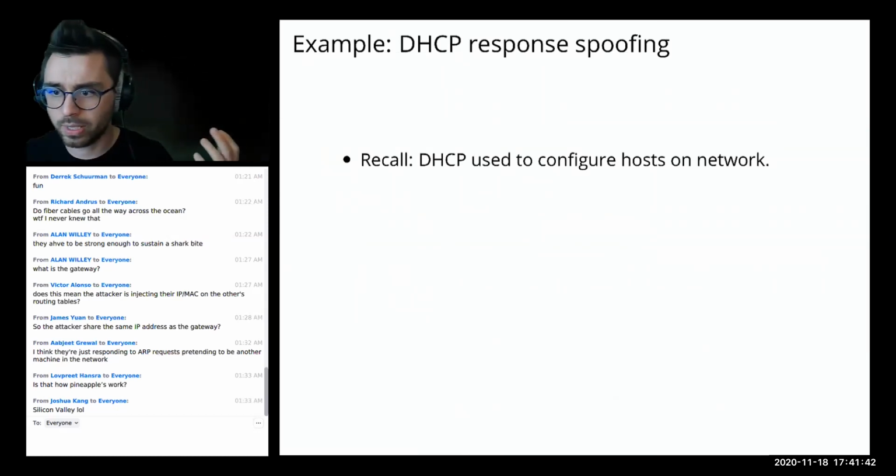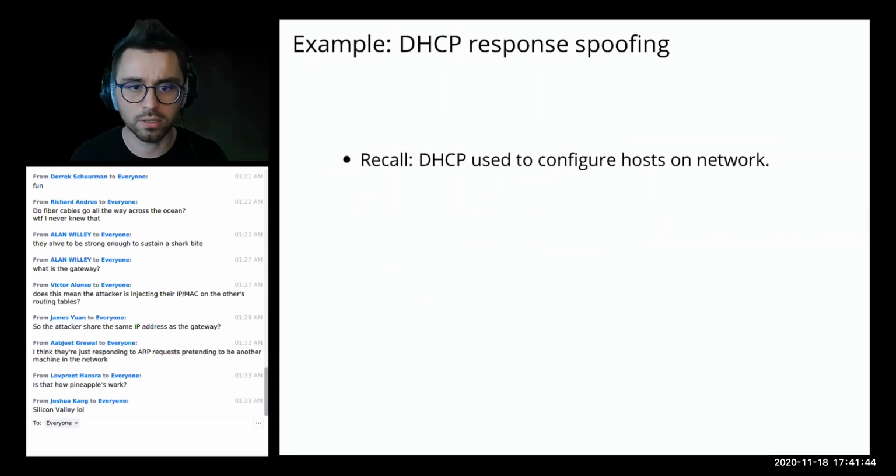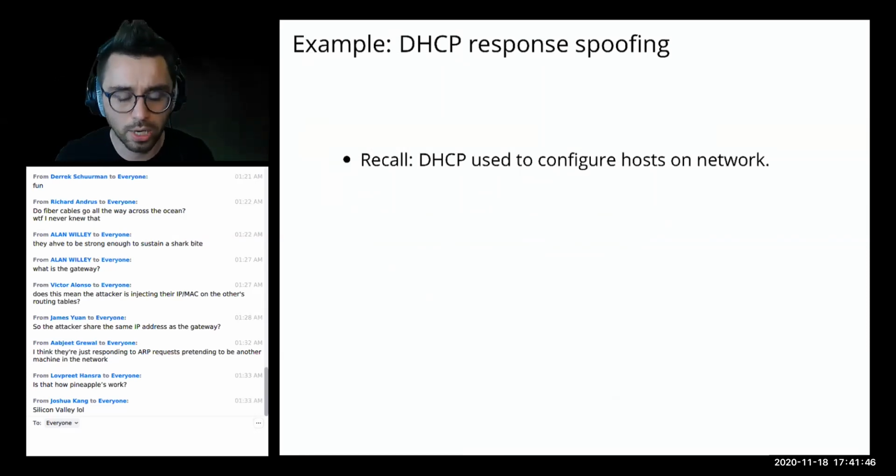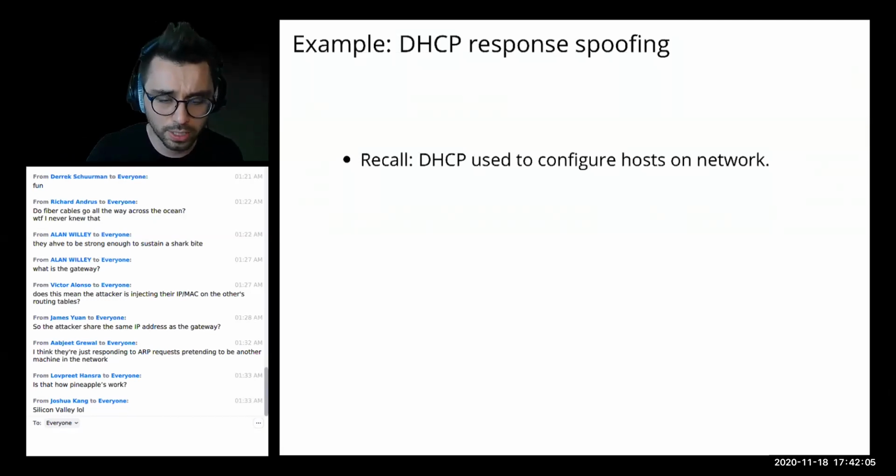I ask the network, essentially by broadcasting, what is my IP address? This is my Mac. What should I use as the IP address? Where is the gateway? What's the IP address of the gateway? And potentially even what name server should I use, right? So the DHCP server responds with all these things.